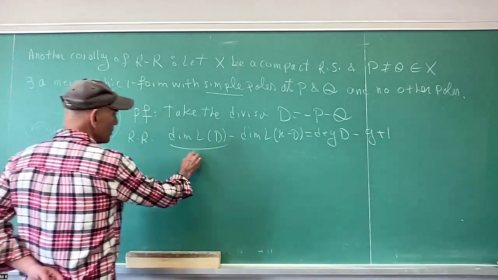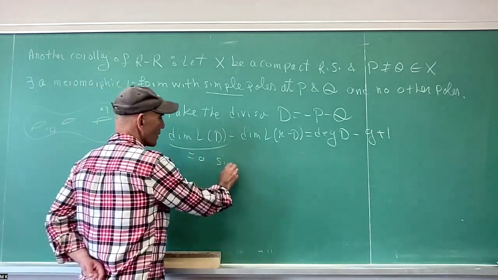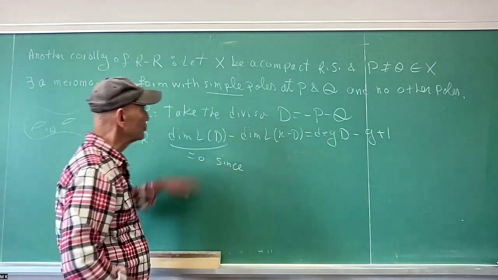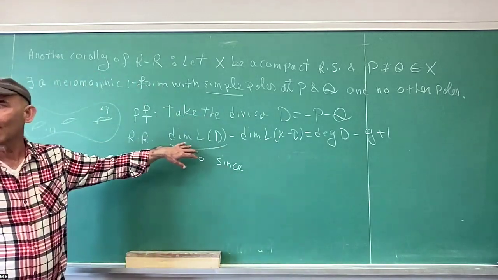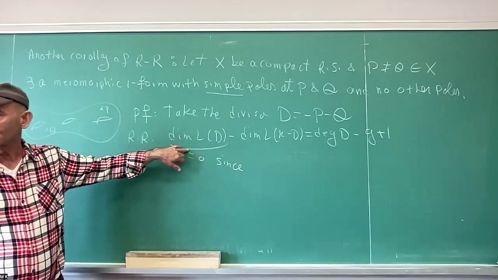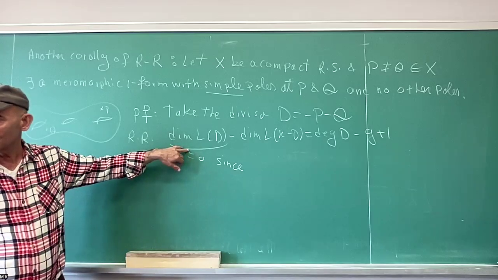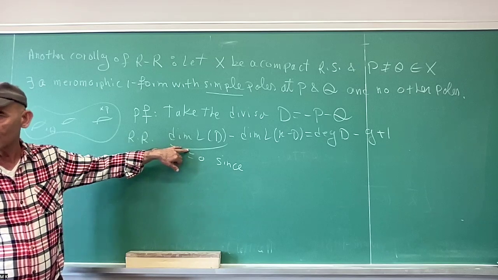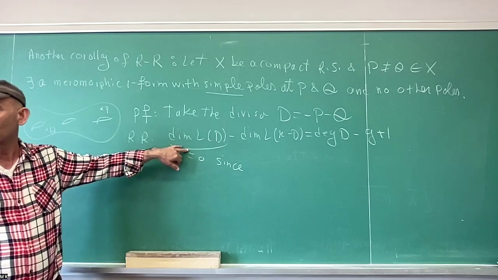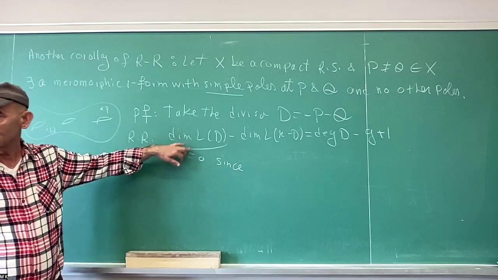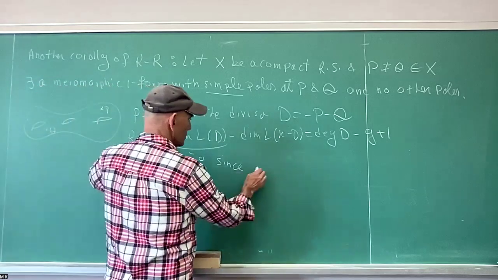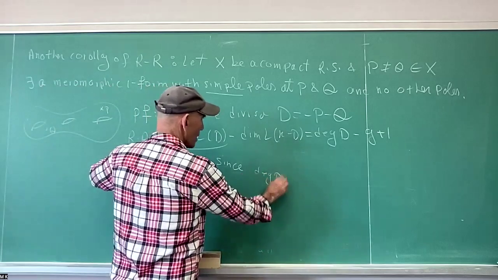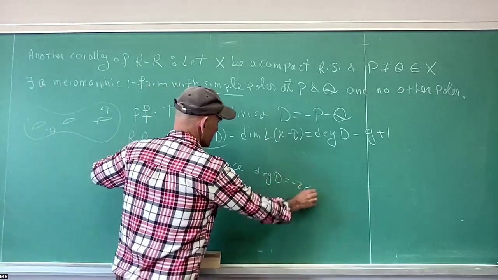So this is 0 since, you see, I proved when I introduced L of D, this terminology, that was the first thing I proved, that if D is a divisor of negative degree, then L of D is actually 0, and its dimension is 0 as a result. So this is a 0-dimensional vector space, since degree of D equal to negative 2 is less than 0.